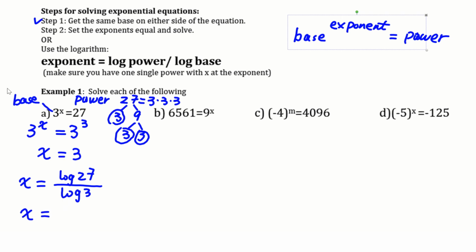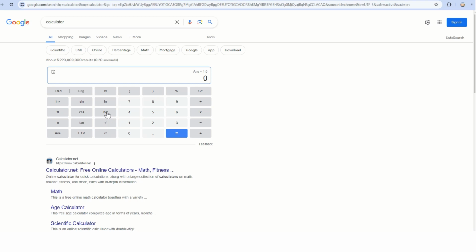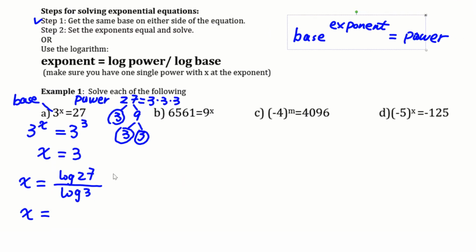You could use a calculator to find log 27, the log power, divided by log 3, the base, equals, it gives you 3. So that is the same as x equals 3.